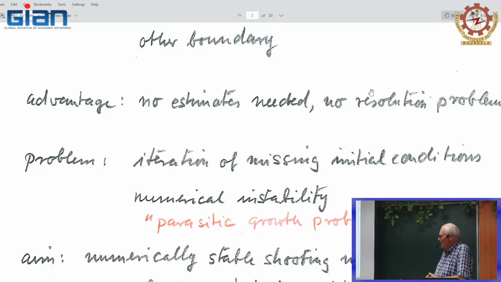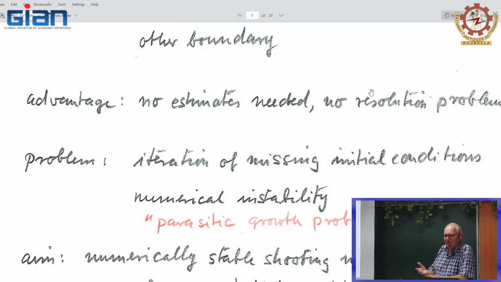So what's going on is there are something like diverging solutions, similar to those from a regular singular point. In that case, you also have diverging solutions.